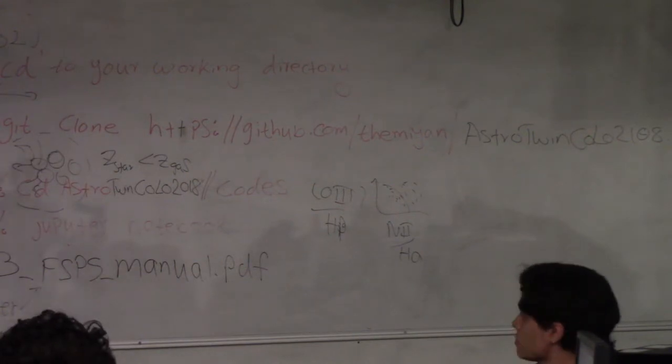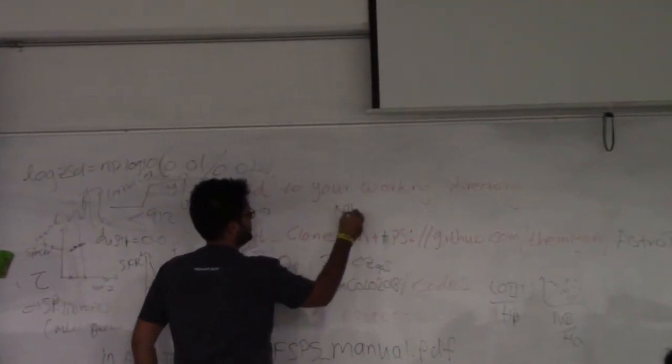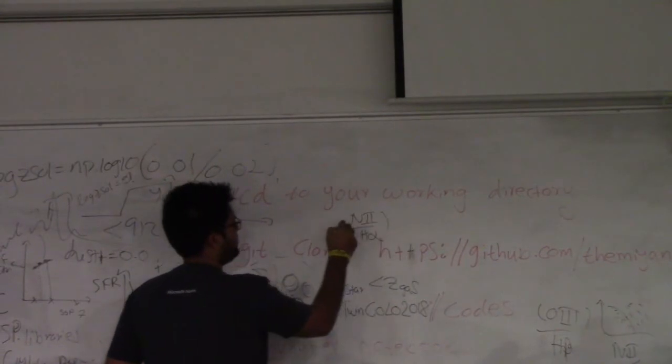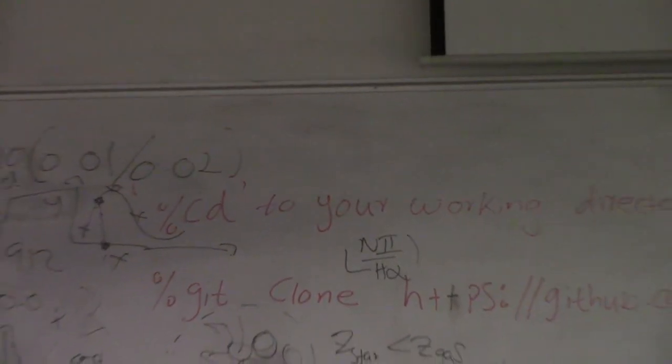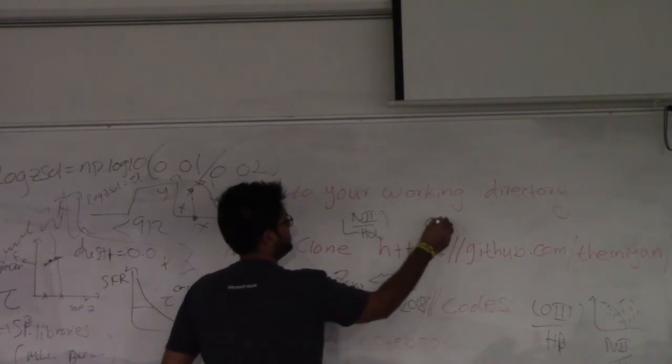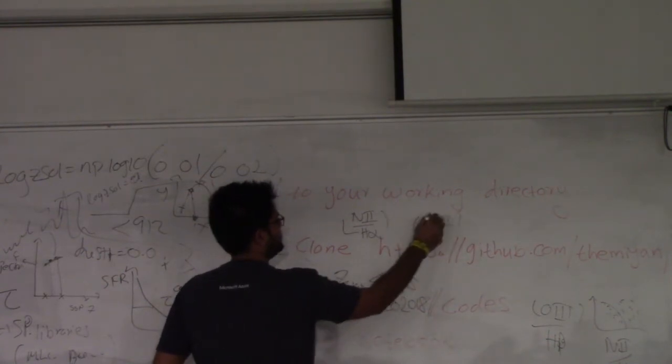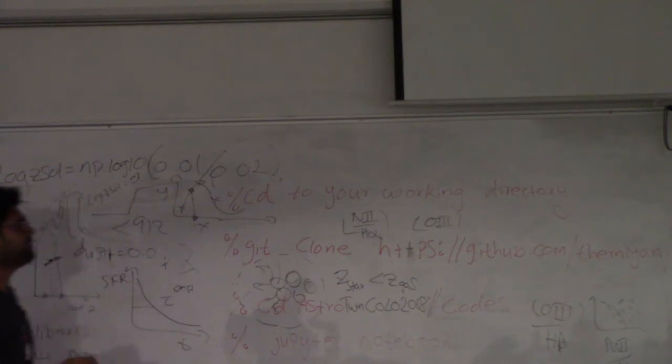Then you can use the oxygen abundance, which you can also calibrate with the N2 to H alpha ratio, to compute the metallicities of these systems. Normally metallicity has a lot of different definitions, but the most commonly used is the oxygen abundance of these galaxies, which you can measure by looking at the O3 oxygen emission line as well.